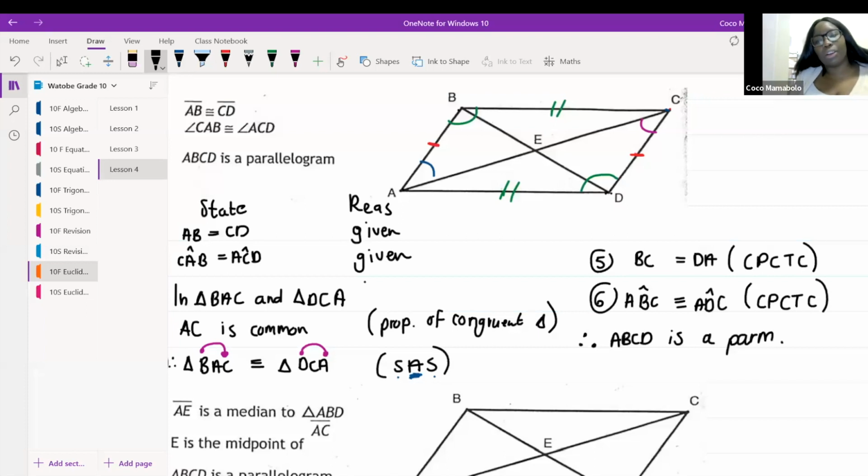The reason for this is, you can use just about any property in this case. We can say that opposite angles are equal. Opposite angles of a parallelogram are equal.